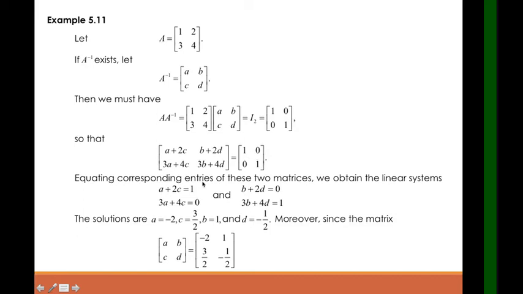Equating corresponding quantities, these two matrices, we obtain the linear system that A plus 2C is equal to 1, 3A plus 4C is equal to 0, B plus 2D is equal to 0, and 3B plus 4D is equal to 1. The solution are A is equal to negative 2, C is equal to 3 over 2, B is equal to 1, and D is equal to negative 1 half.